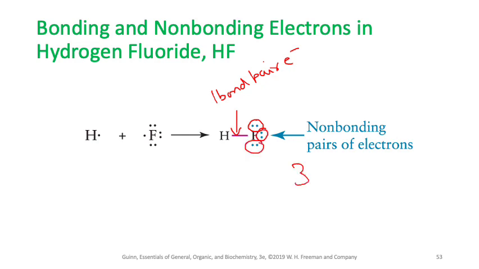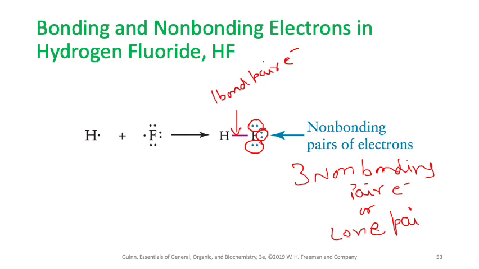So that means you have 3 non-bonding pairs of electrons, or lone pairs of electrons. Right. So make sure you know how to calculate lone pairs and bond pairs for any given molecule in the covalent compound in the Lewis dot structure.